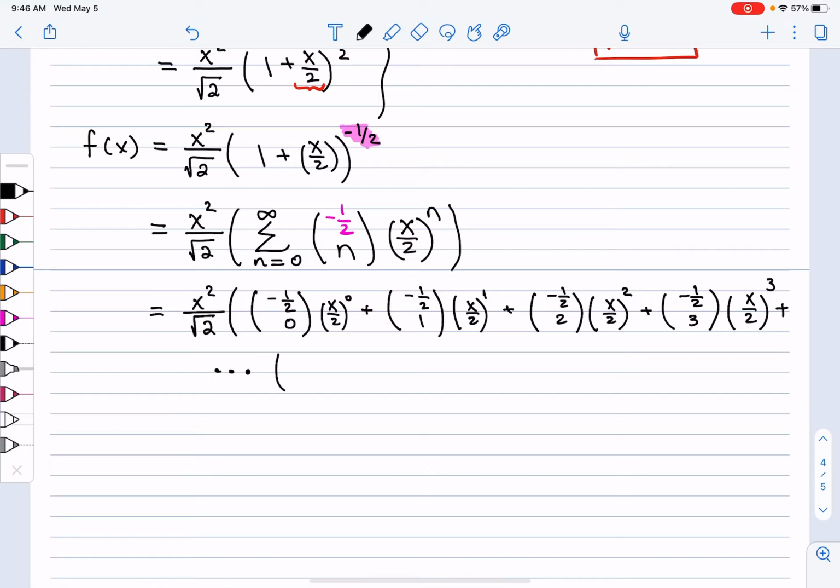So let's say we have negative 1/2 choose n, x over 2 to the nth power plus something else.